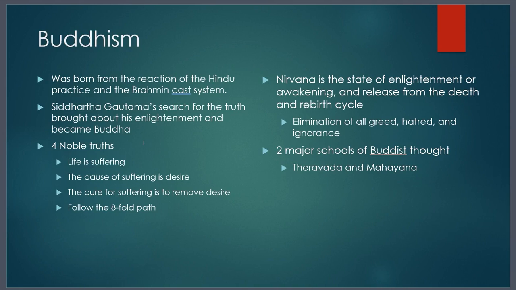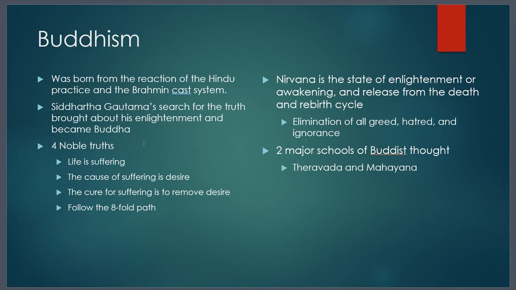And so he came upon a dying man, a starving man, and I believe a man who was ill, right? So he was brought to these truths that there is suffering in the world, and so he wanted to understand, why is there suffering?